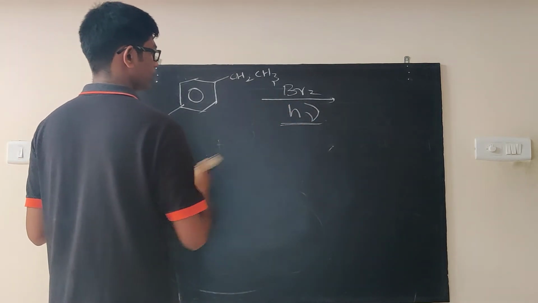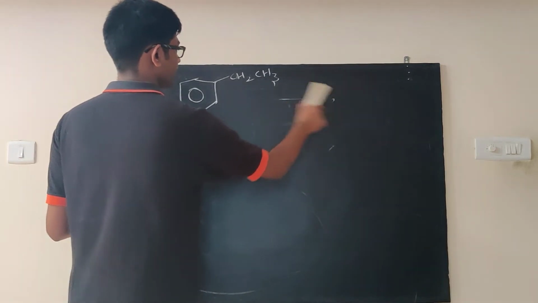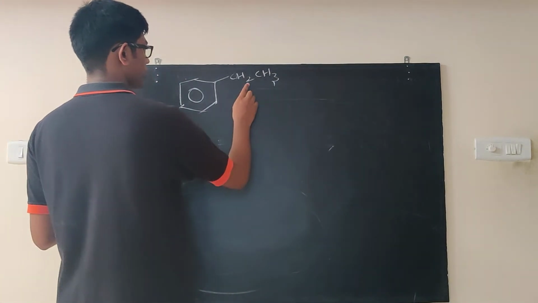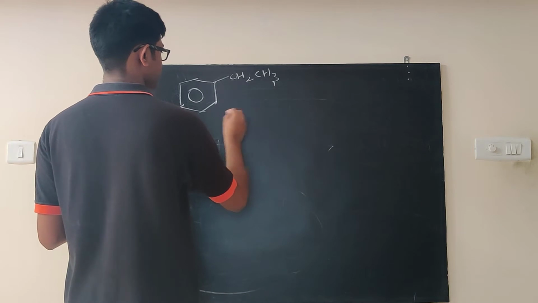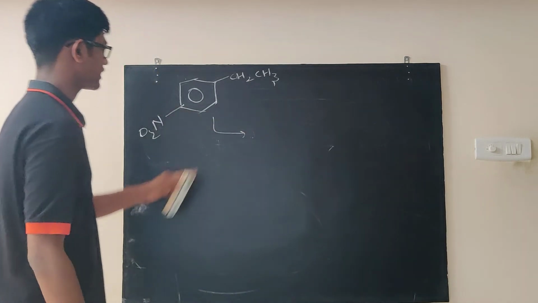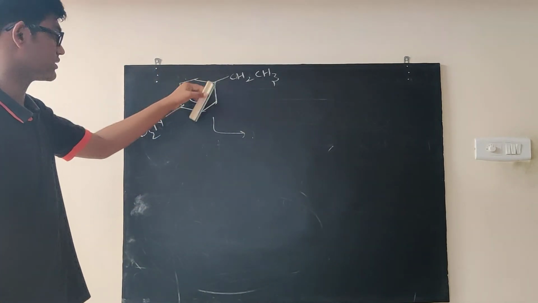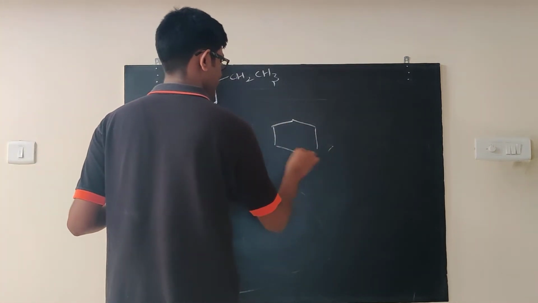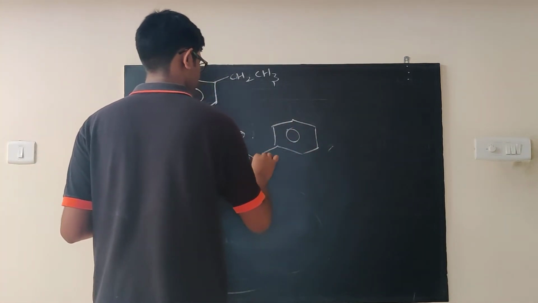So now where will bromine go and attach itself? We're going to remove hydrogen first. We can either remove from here or here. The more stable free radical is always at the benzylic position because it's resonance stabilized. So you're going to get CHBr CH3, and this NO2 group was just given to confuse you.